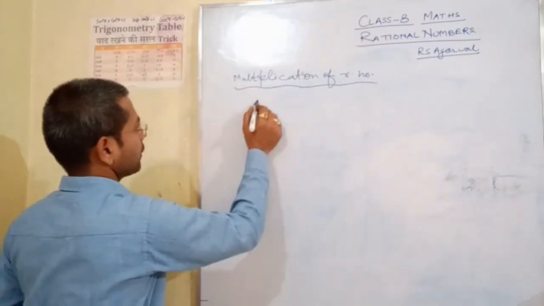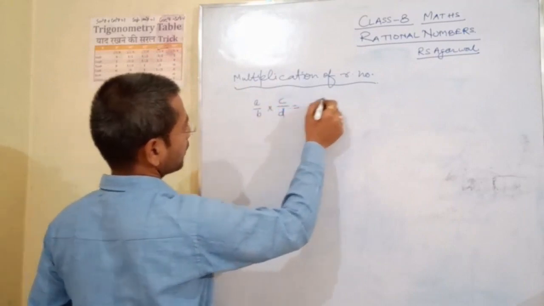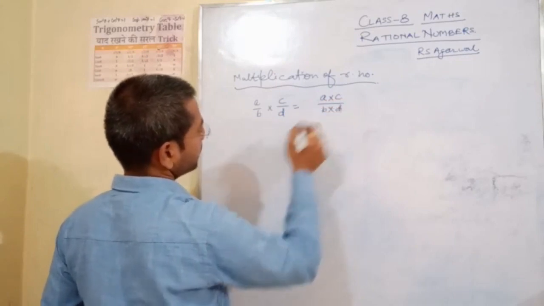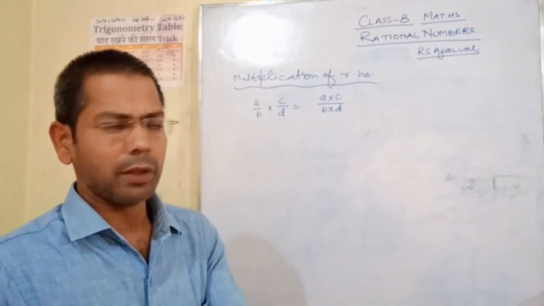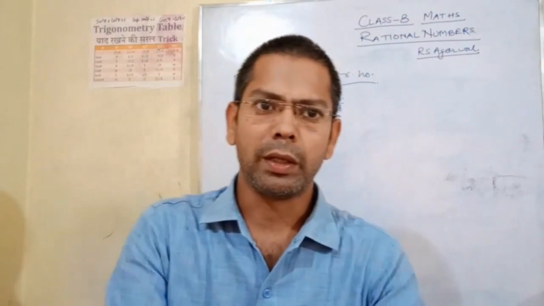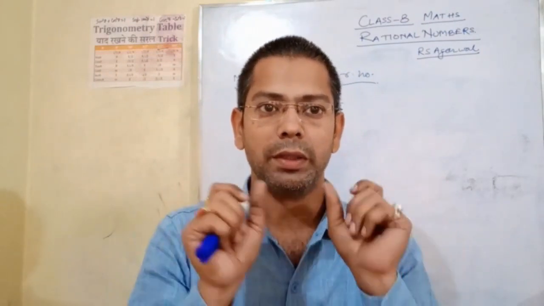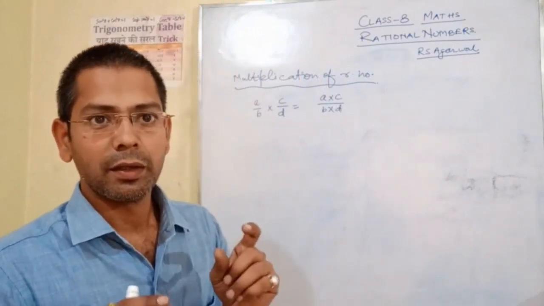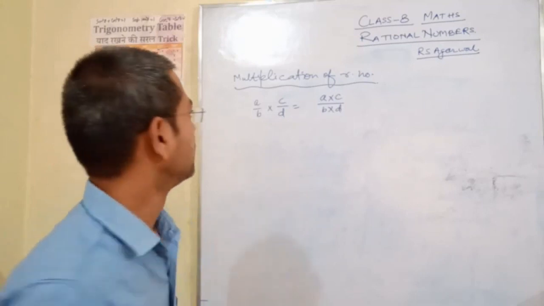In this way, a upon b multiplied by c upon d equals a multiplied by c upon b multiplied by d. It is very simple, as you have done in fractions. Here you have to do the same, but take care of the sign of the numbers, because here you will get positive as well as negative numbers.